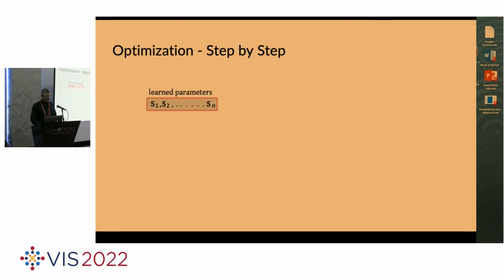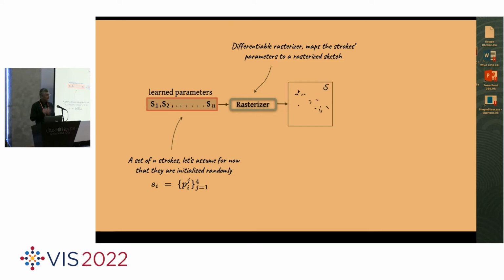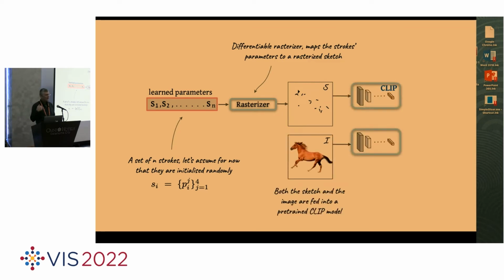As I said, the learned parameters of the sketch are the positions of the control points of the Béziers that represent each stroke. After we have those positions, we run them through the differentiable rasterizer, and what we get is an image. Now we take both this image and the original input image and pass them through CLIP, the pre-trained network that I was describing.